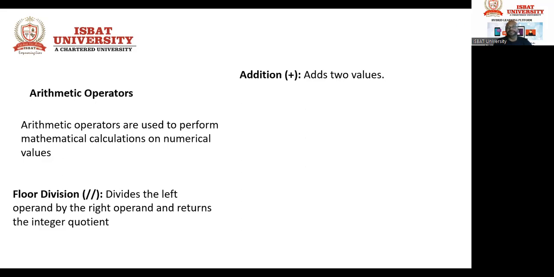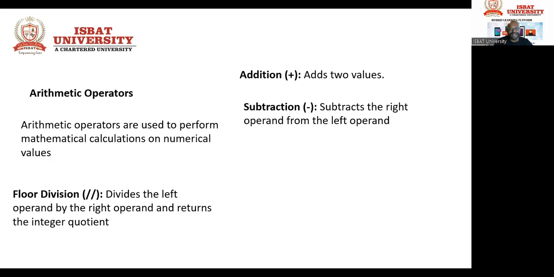Now, what is addition? We are adding two values. As you all are aware, there is no need to explain much on that. Then subtraction, it subtracts the right operand from the left operand. You should have a clear understanding of the operands.